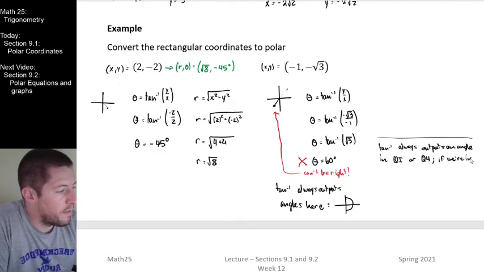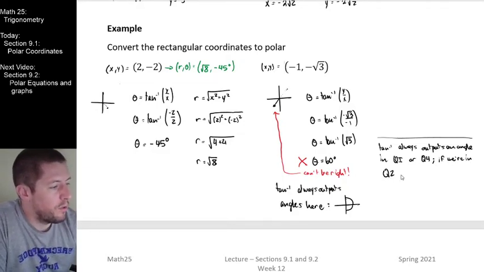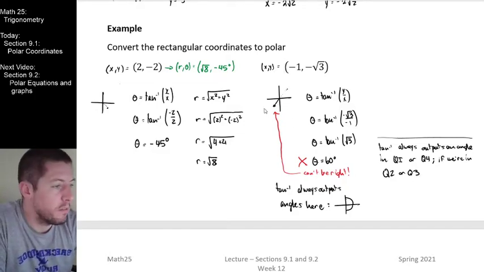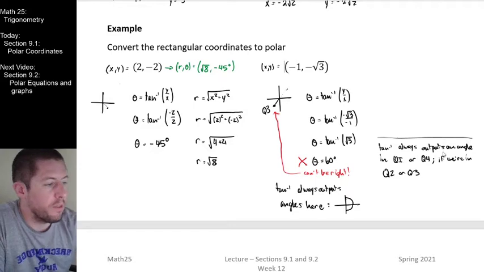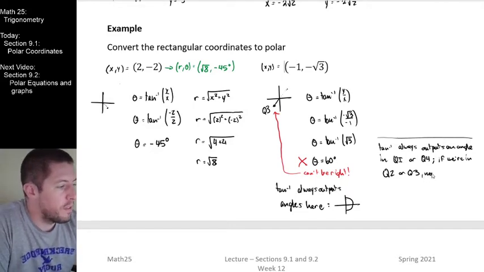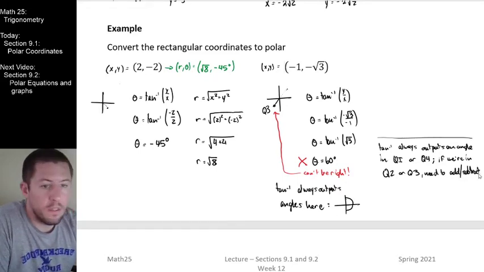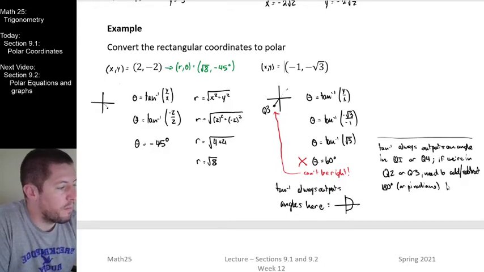If we are in quadrant 2 or quadrant 3, and notice we're in quadrant 3, it's a quadrant 3 angle right there, we need to add or subtract 180 degrees or pi radians from the calculator output.